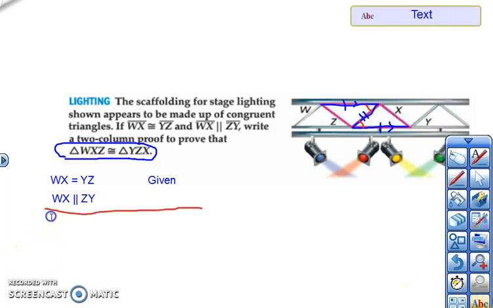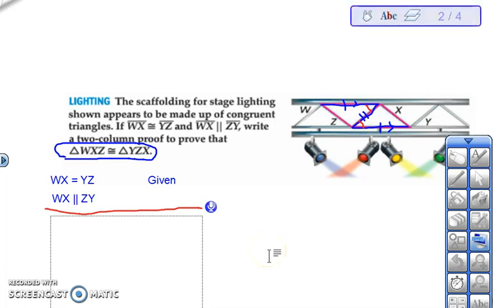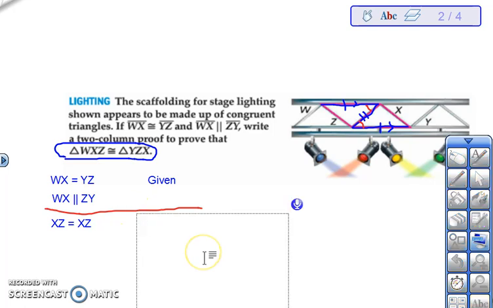So we said that we were given the congruent sides and the parallel lines. The next thing we said was that XZ is in both triangles, so XZ is congruent to itself. Remember, we call that the reflexive property.